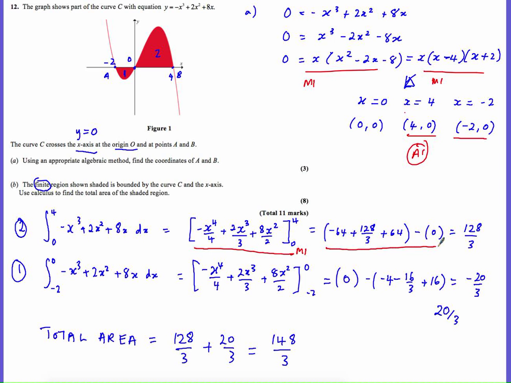Substituting in your numbers correctly, another mark, and this one, 1 mark. Again, another 1 mark for getting that integration correctly, so you get 2 marks for integrating it. Sub your values in, 1 mark. Your answer, 1 mark. And the knowledge that you know it's really an area of positive 20. Adding them together, getting your final answer, is your last mark. So, piece of cake really.